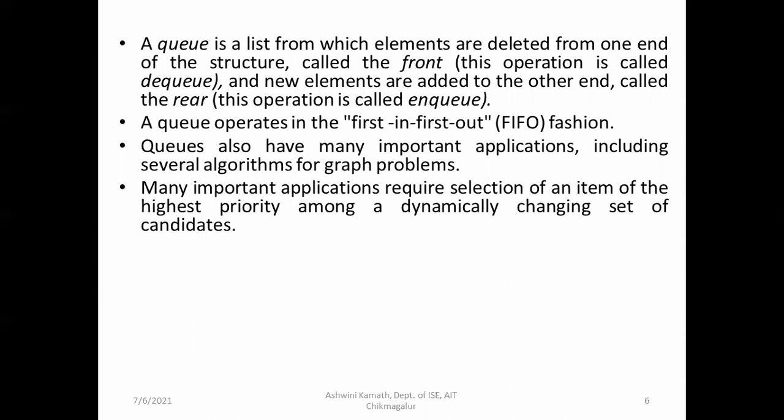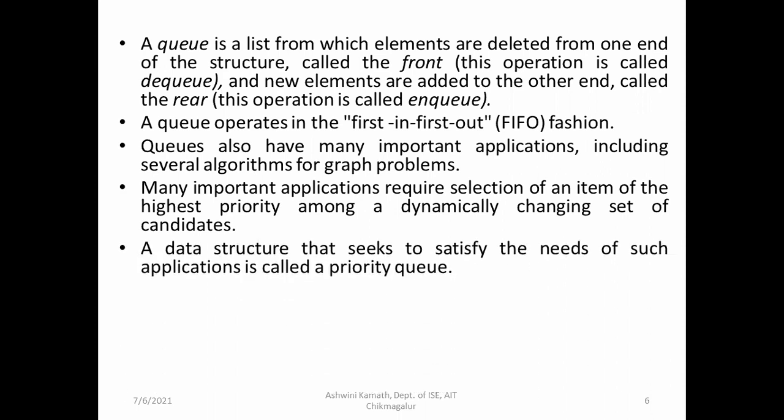So when we provide a priority for each process, the one which has the highest priority will be executed first, and it will be removed from the queue and executed. That is the concept of a scheduler. So the data structure that seeks to satisfy the need of such applications is called a priority queue. We call it a priority queue for such a queue which uses priorities. Based on the priority, if it removes the item, that is called a priority queue.